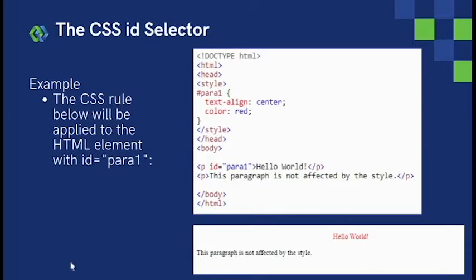when you use an ID, you start with a hash or number sign and then your ID name. So basically it calls or points to para1, that ID in the HTML, which is your paragraph.